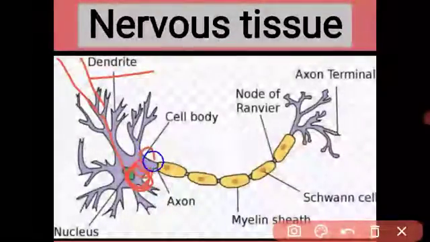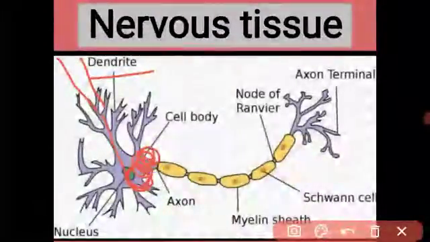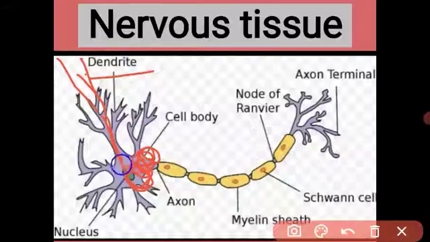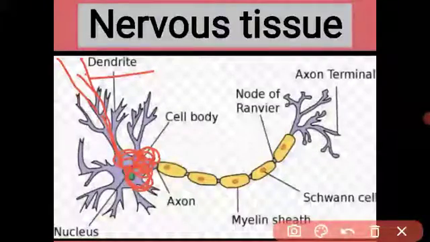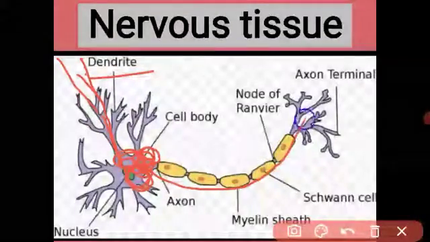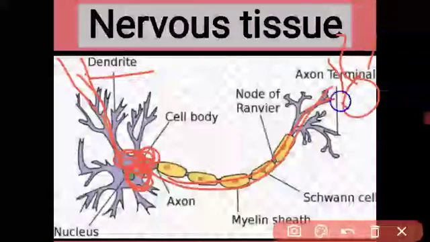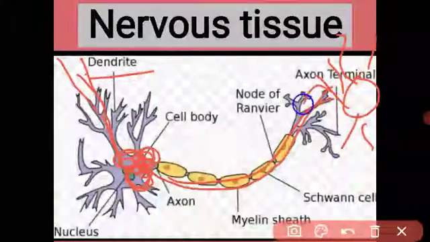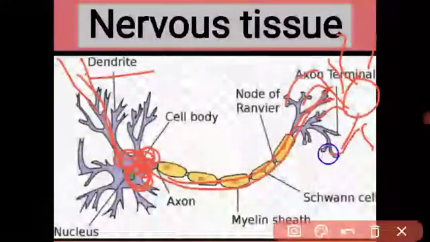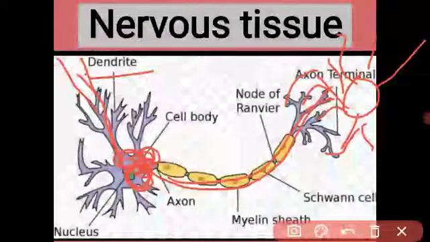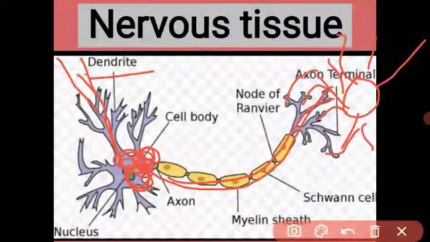The cyton processes whatever impulses are transmitted from the dendrites, and sends them to another neuron through the axon terminals. Again, there is another neuron present. These dendrites touch the axon terminals. In that way, nerve impulses are sent by one neuron to another neuron.